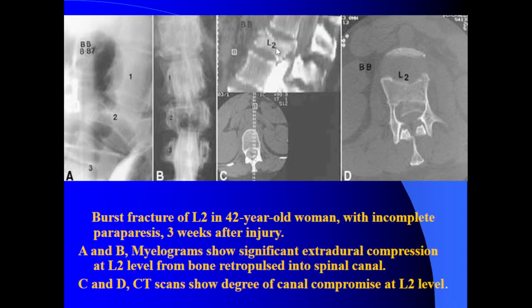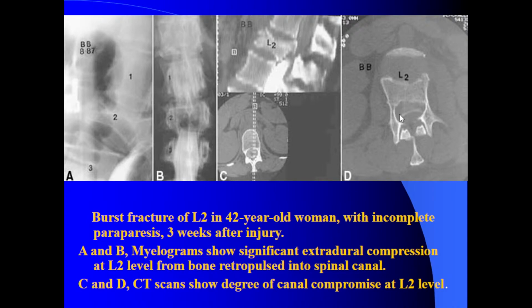If you remember the McAfee classification, which we discussed before, you will see at least 4 bone fragments at the area of the vertebral body. And you can see a retropulsed fragment which is displaced backward and compresses the spinal cord or cauda equina at that level.